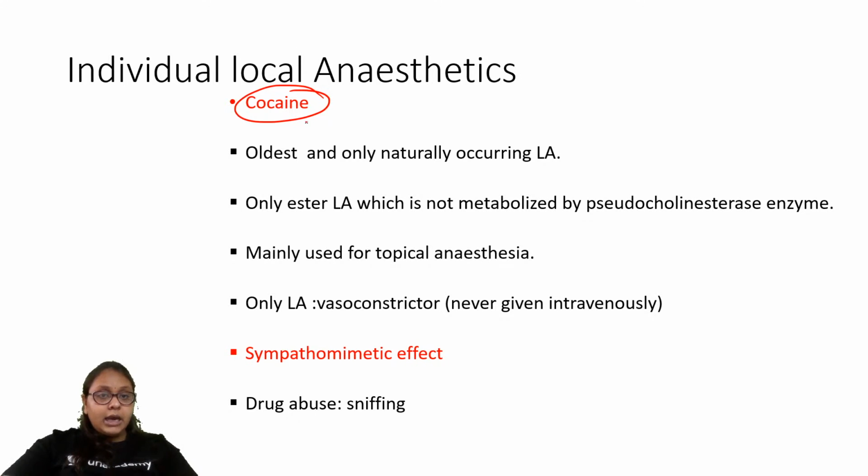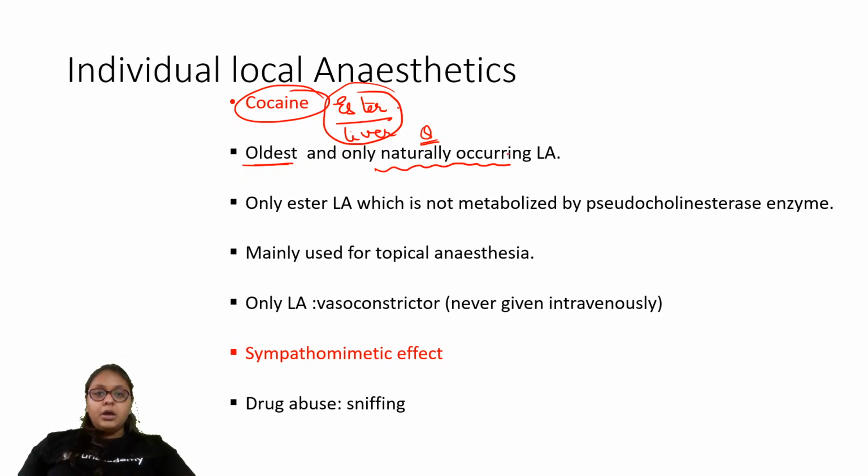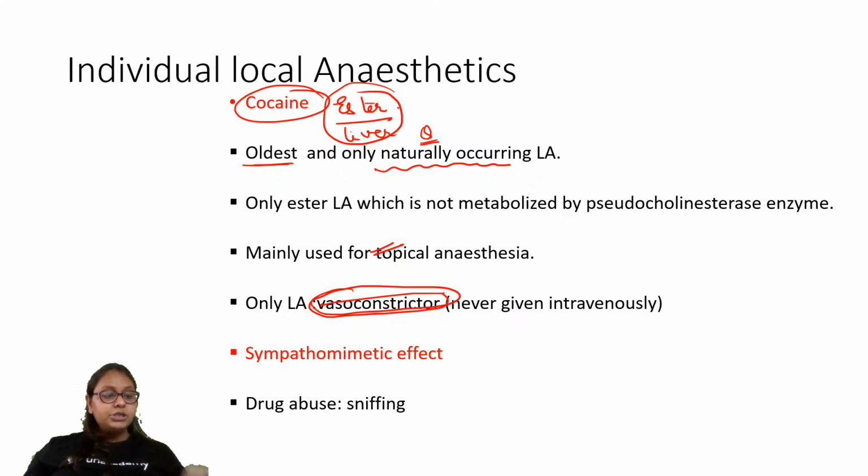Cocaine, first point: is it an amide or an ester? It is an ester. Second point, it is hydrolyzed in the liver. These two points must be remembered. Cocaine is the oldest and the only naturally occurring local anesthetic, mostly used in topical anesthesia. Remember, it is the only anesthetic with vasoconstrictor property, and therefore it is never ever given intravenously, because it is vasoconstrictive and also sympathomimetic in nature.